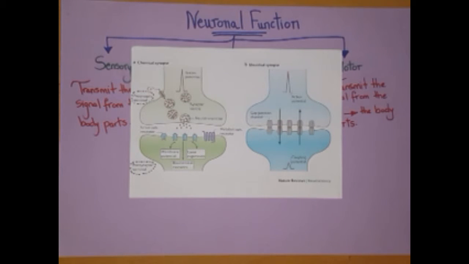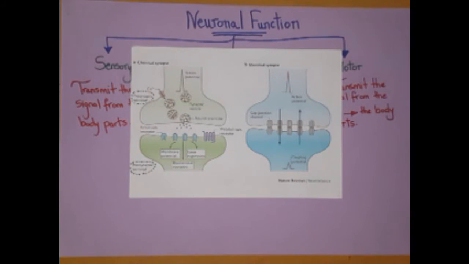In this case, for example, acetylcholine. Acetylcholine will bind to receptors in the postsynaptic neuron across the synaptic cleft that will open a voltage-gated channel, a sodium voltage-gated channel to be specific, that allows the influx of sodium into the postsynaptic neuron.